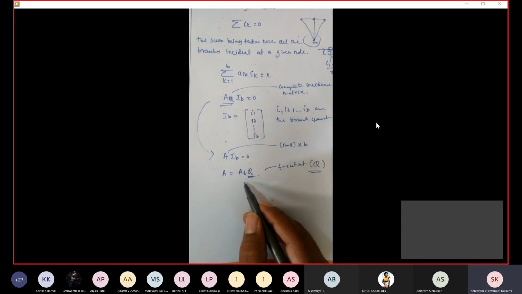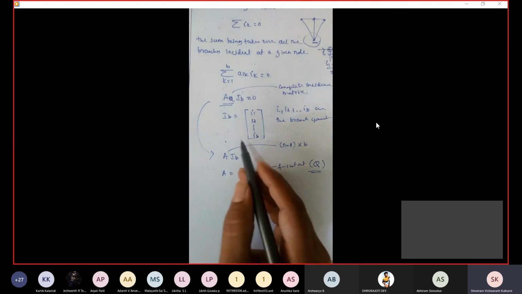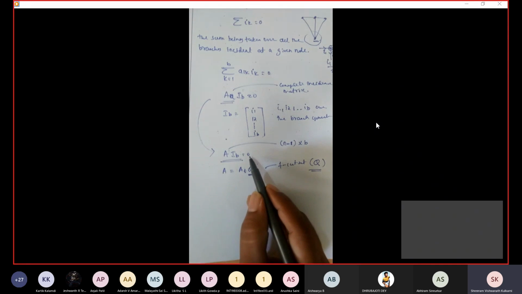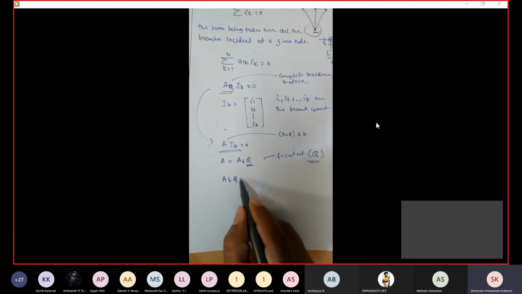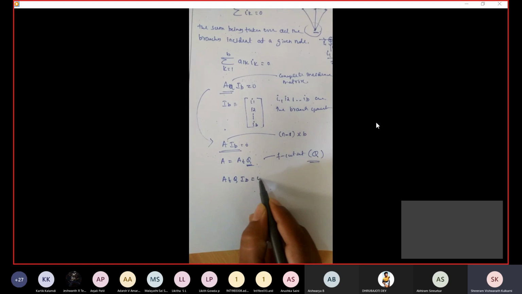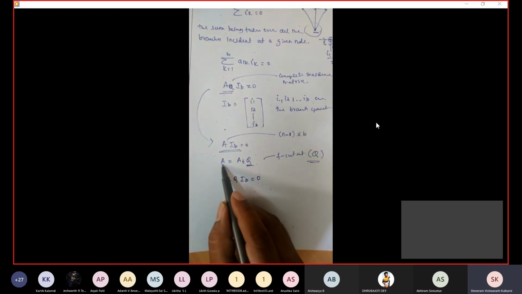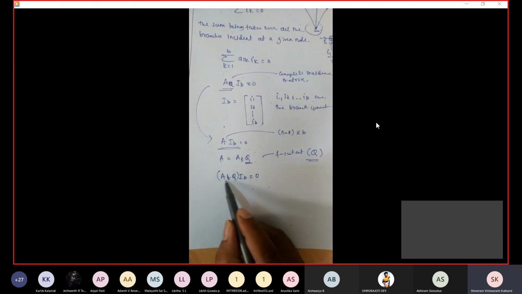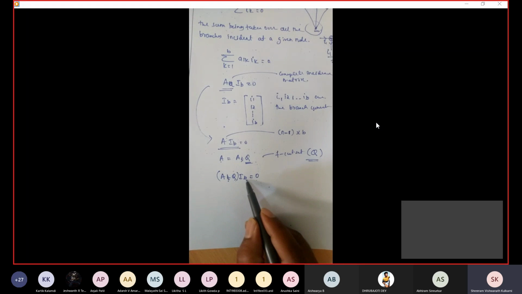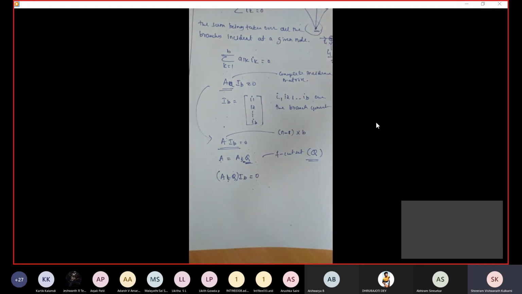Then my equation A I_B equals 0 will become A_T Q I_B equals 0. I am replacing A with A_T Q. Then my equation becomes A_T Q I_B equals 0, just replacing the incidence matrix A with this.